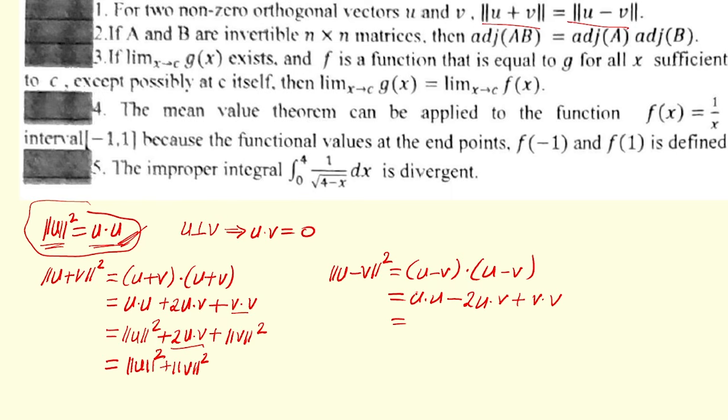Again, u dot u means magnitude of u squared, minus 2 times u dot v, plus v dot v, magnitude of v squared. But we know that they are orthogonal, therefore the dot product is 0. This becomes magnitude of u squared plus magnitude of v squared.